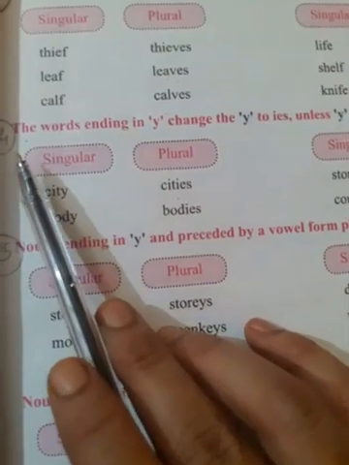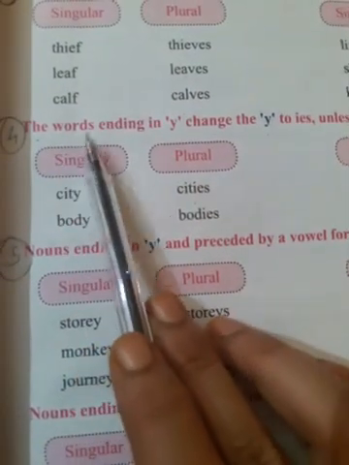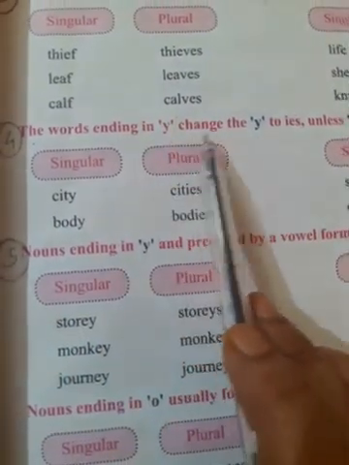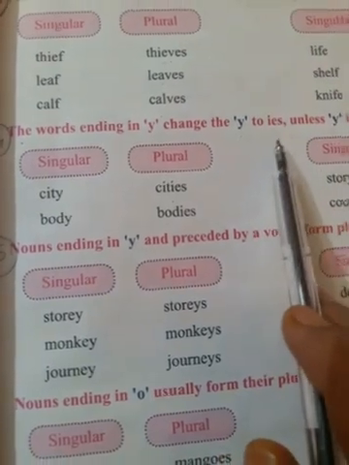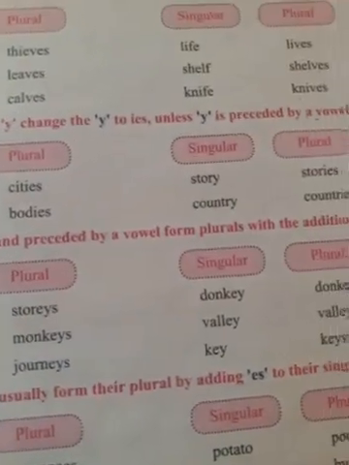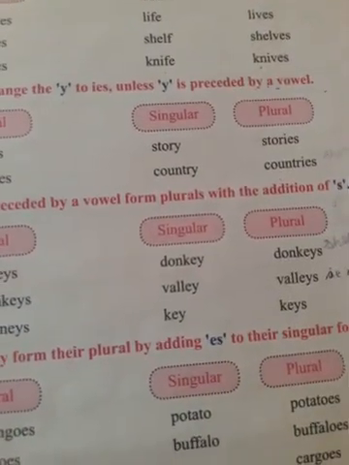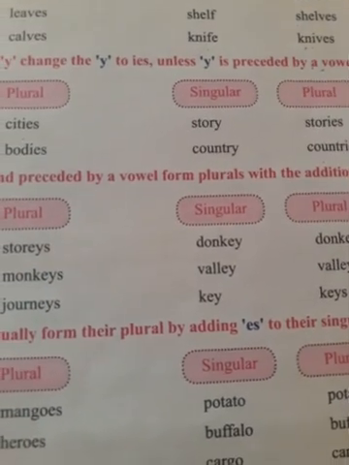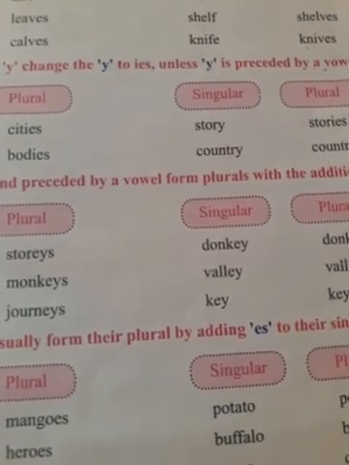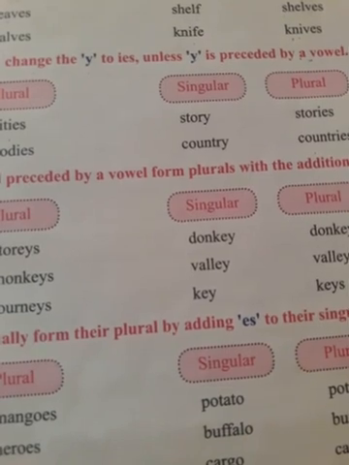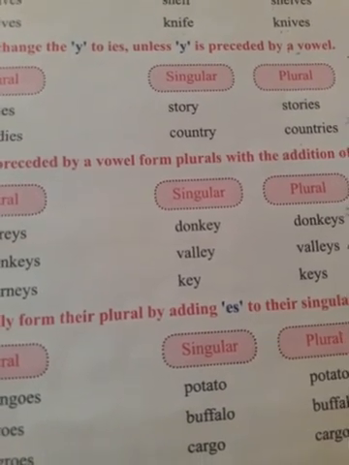So, fourth rule. Today I am going to teach you the fourth rule. So listen carefully. The words ending in y change the y to ies unless y is preceded by a vowel. First of all, students, tell me how many letters are there in the English alphabet?